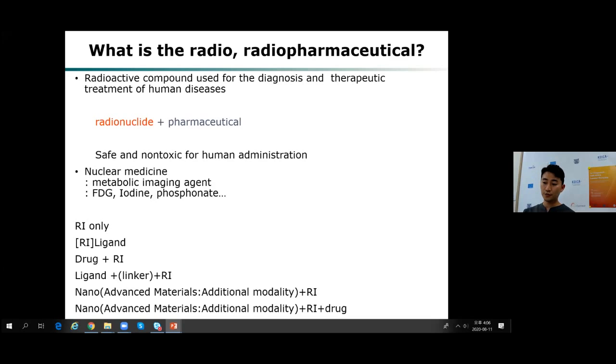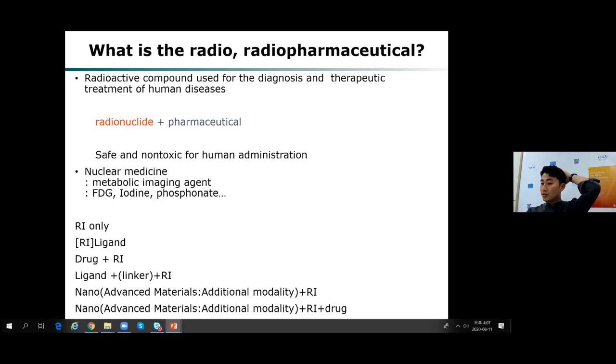For example, we can easily access iodine or lutetium, which can be used for imaging and therapeutic efficacy. After that, we use a chelator for a more stable form for administration to the in vivo system.